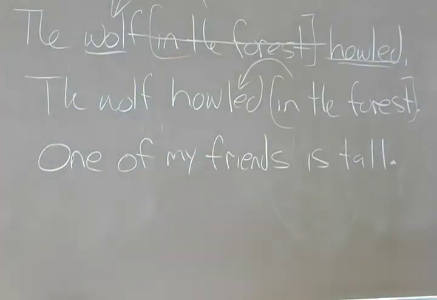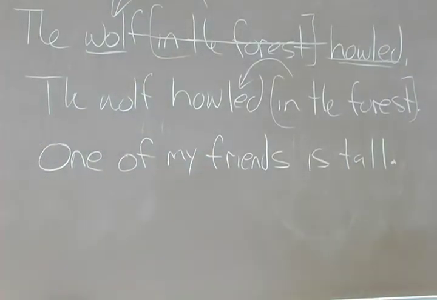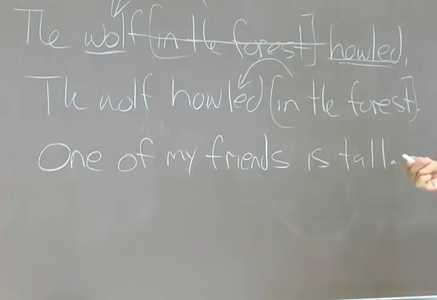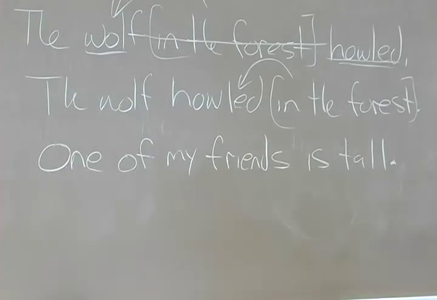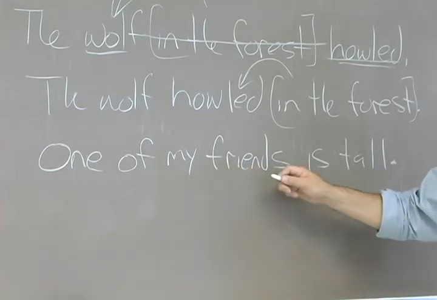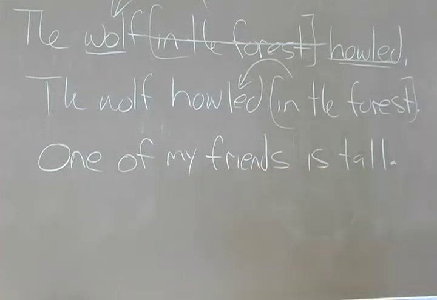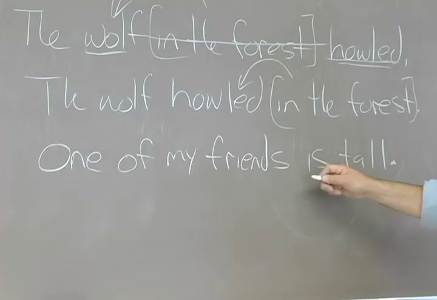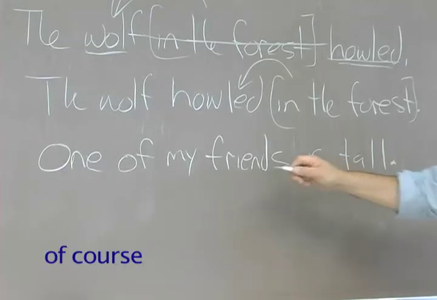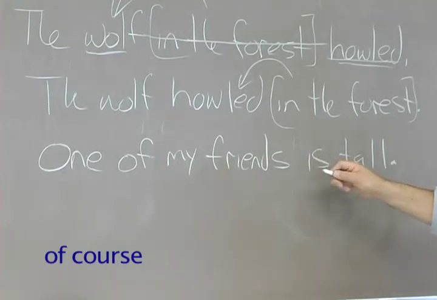"One of my friends is tall." If I ask you the subject of this sentence, it's going to be really tempting to say that the subject is friends. But we know the subject cannot be friends, because if the subject were friends, the verb would have to agree with it, and the verb would have to be "are." You can't say "friends is."